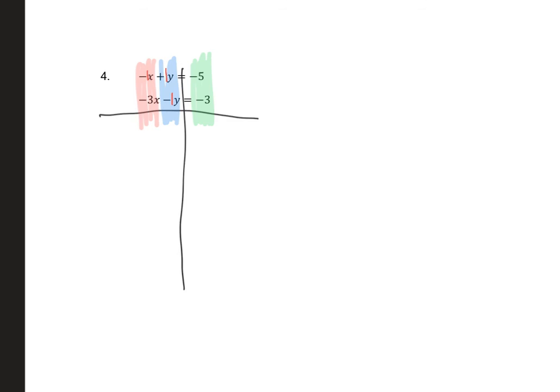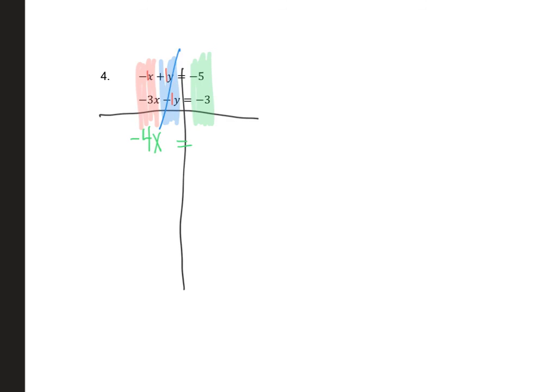So these are the ones that zero out. And then I'm going to combine what I have. So with the x's, I have a -1 and then I have a -3. So if I owe somebody $1 and then I owe somebody $3 more, I'm still going to be owing them money, and I'm going to be owing them -4.